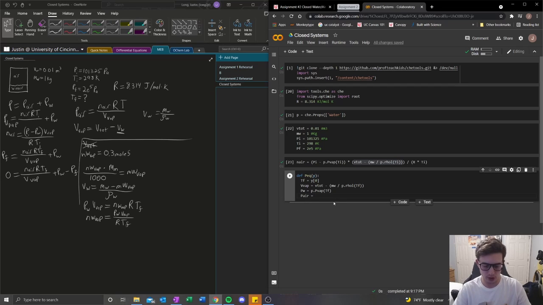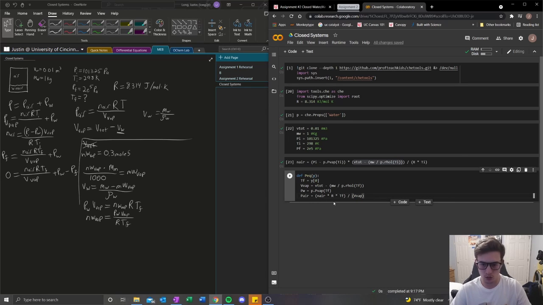So we are going to go ahead and do n air, set up some parentheses so we don't make any mistakes, multiplied by the gas constant, multiplied by temperature final, and then all of that divided by VVAP, or the volume of the vapor pressure.